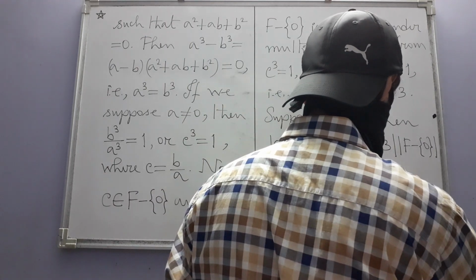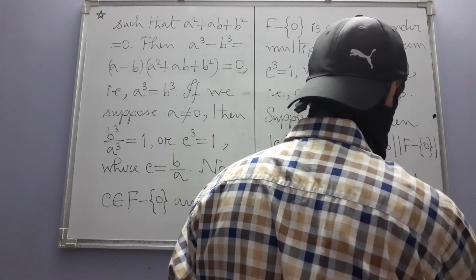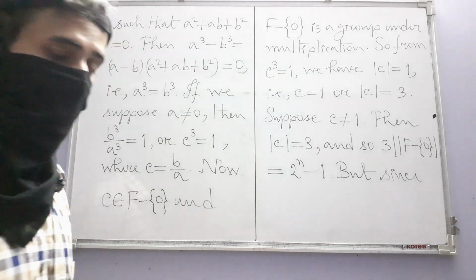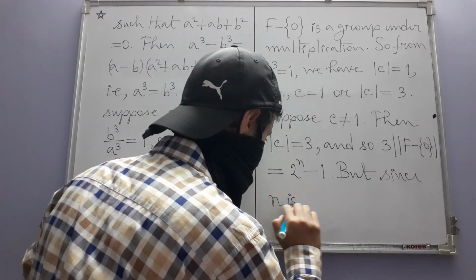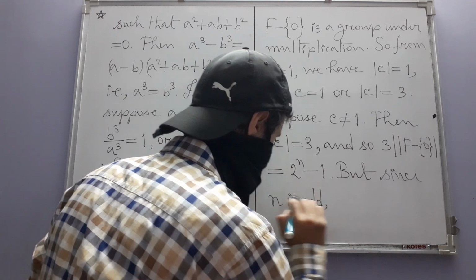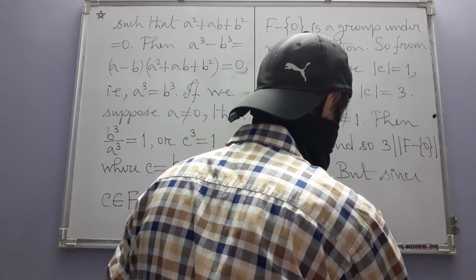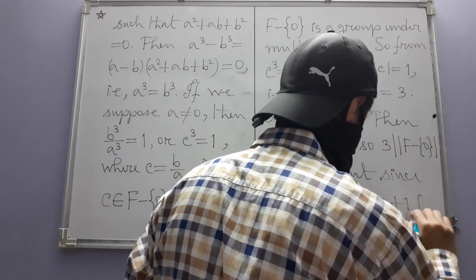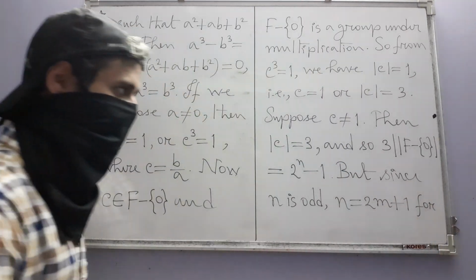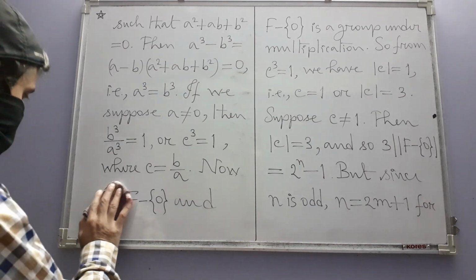Recall that it was given that n is odd. Since n is odd, n is equal to 2m plus 1 for some non-negative integer m.